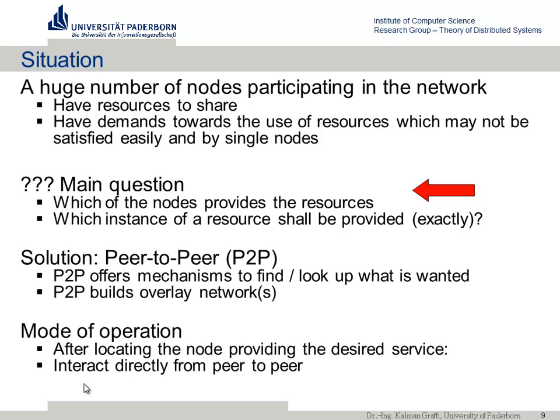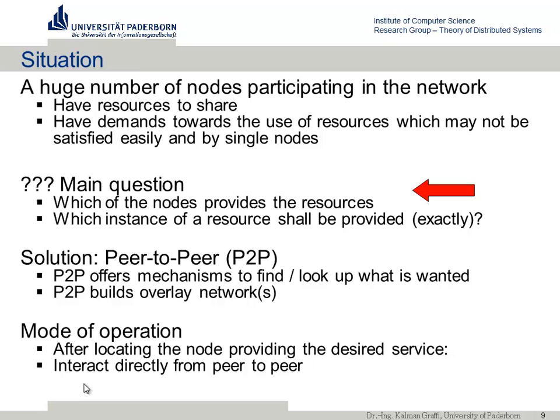Peer-to-peer offers exactly that mechanism to find or look up what is wanted, and this is done through building an overlay network. That means this kind of advanced network which uses the user devices, creates connections between them, and with clever mechanisms that we will see, enables us to find especially the content we are looking for. When the lecture was first presented, it was always looking for Britney Spears files.